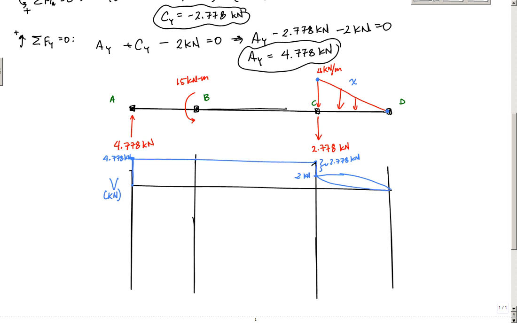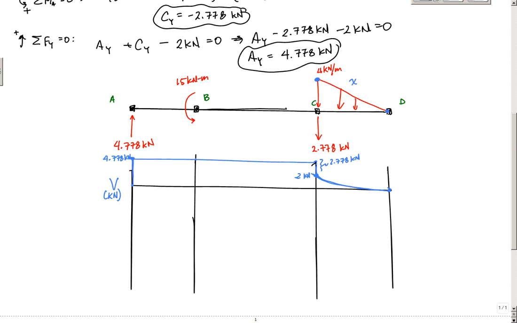The value of the distributed load is the slope of the shear diagram. And here, the value of the distributed load is 4 kilonewtons per meter at that point. So right here, I should have a slope of negative 4, which would be like this. So that means my bottom curve is the way the parabola should go, like this.